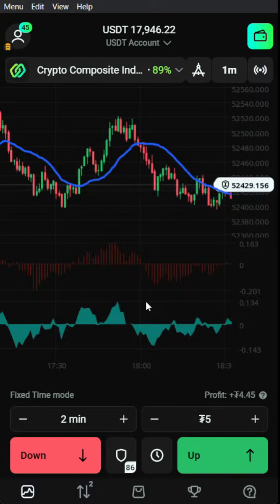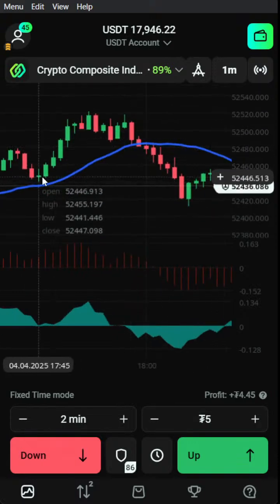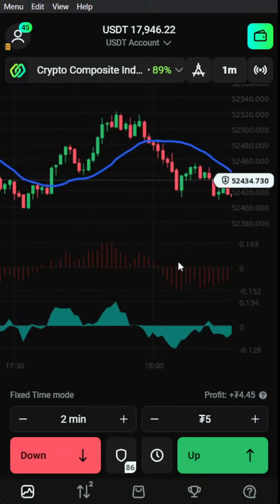All right. So that is the type of trend we need to follow, and that is the thing we need to understand. What we are going to see is whether the candle is going above the SMA or below the SMA. Second thing that we will see is if ROC 14 is below the zero line and ROC 7 is also below the zero line, you will make a 2 to 3 minutes down trade.